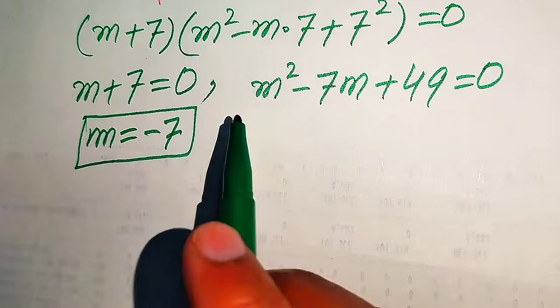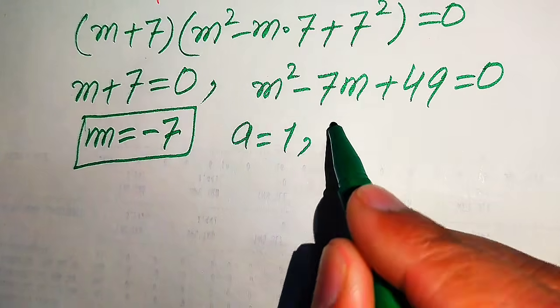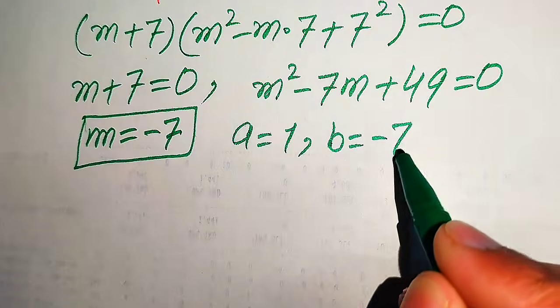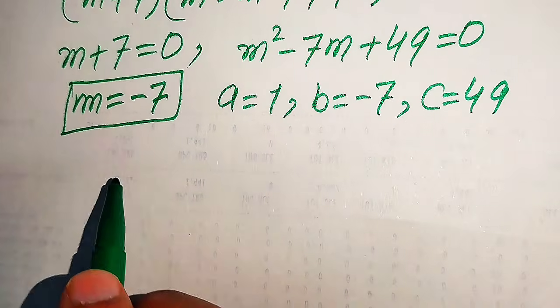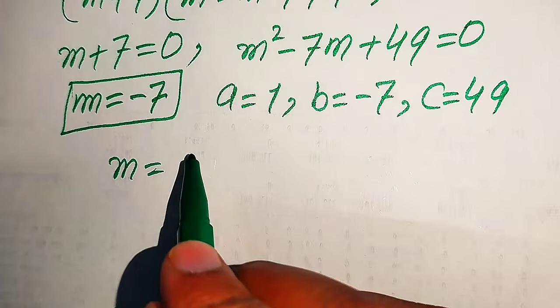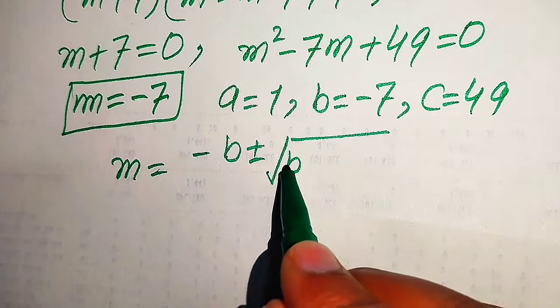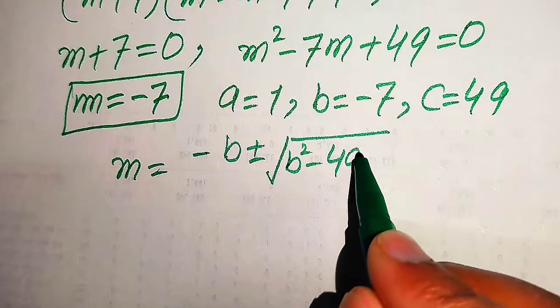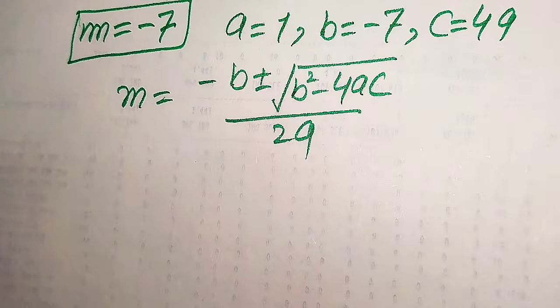So we again use the quadratic formula here, and we write the coefficients of the given equation. These are a equals 1, b equals minus 7, and c equals 49, and we state the quadratic formula as m equals minus b plus minus square root of b square minus 4ac, divided by 2a.